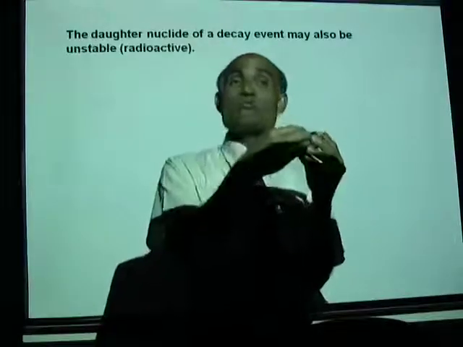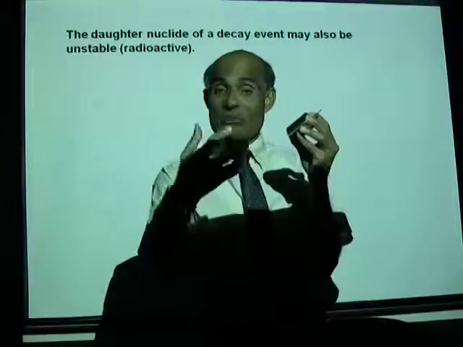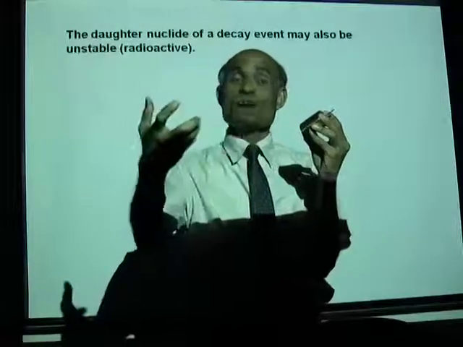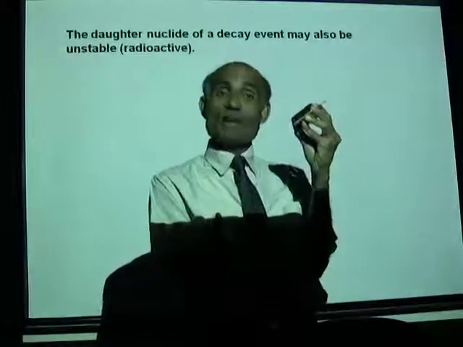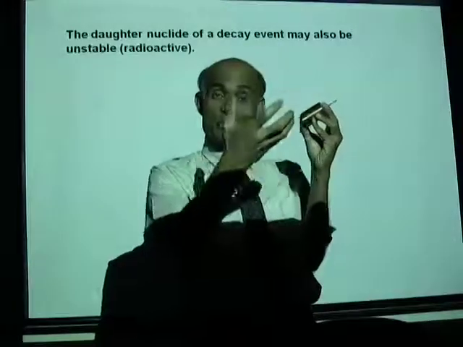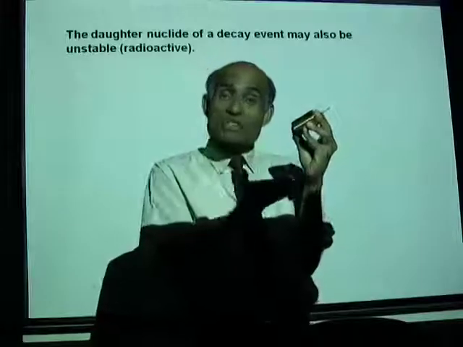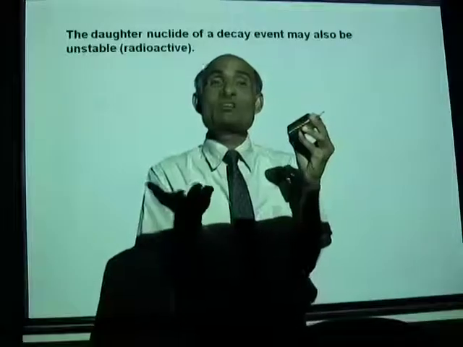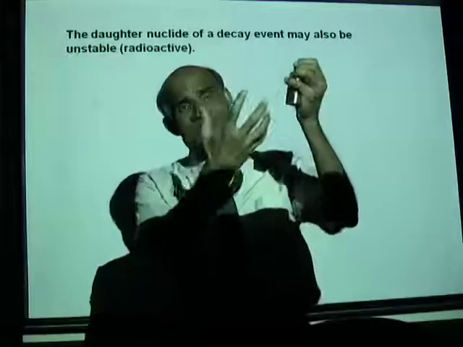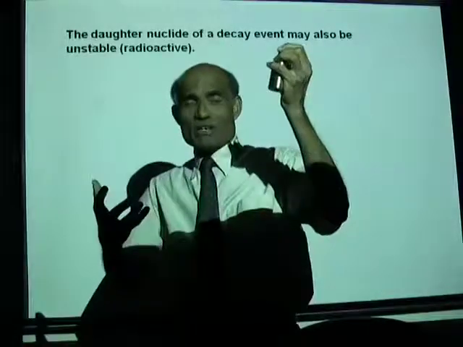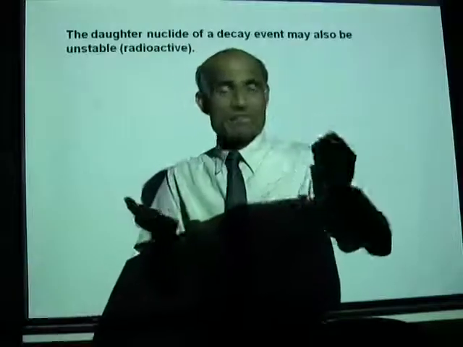That means it will turn into a third element. That third element may also be radioactive. After radioactivity, it will turn into a fourth element. Now, this process will continue until a stable element is achieved at the end. Now, this can be considered to be a series of activity until you reach a stable element.